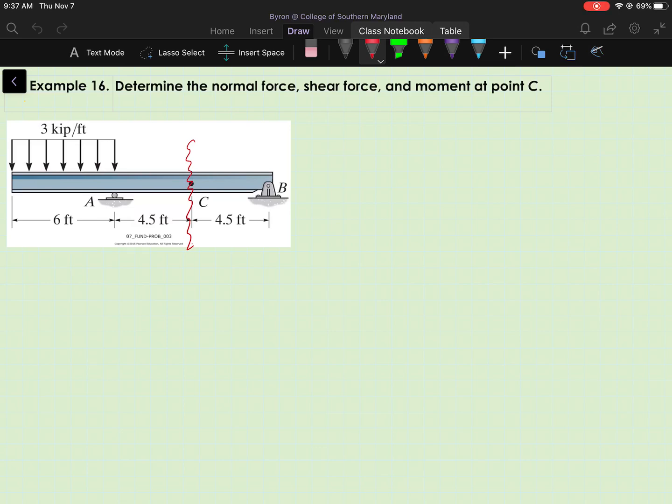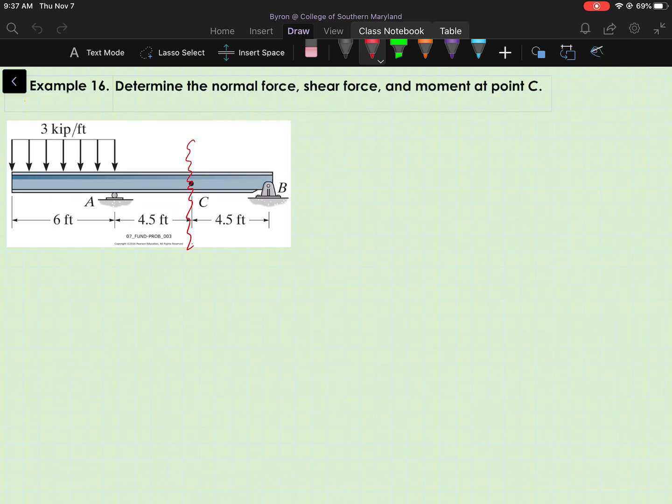This is very similar to what we did with the method of sections for simple trusses. We want to pick the side of the cut that we're most comfortable working with, and usually that's going to be the side that has the least amount of things going on.